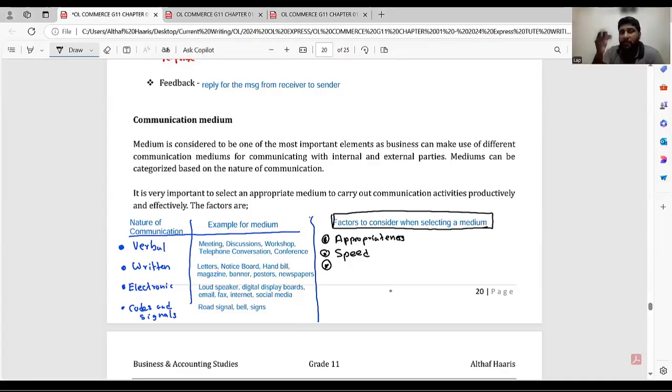And postal charges, another 50 rupees. Almost 100 rupees to reach one student. Very expensive, no? Simple way: WhatsApp message. If not, SMS, a small amount, 1 rupee. Message delivered. Cost.